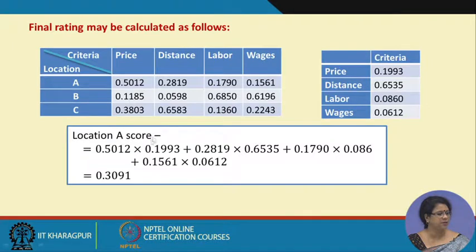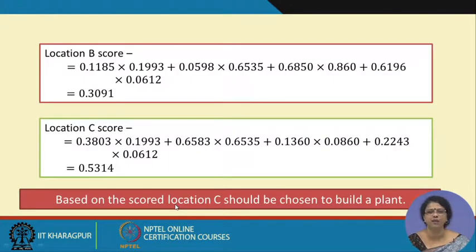If we do this, the location A score comes to 0.3091, we can declare. Now, we do the calculation for B and C. What we could see, the location C is dominating, but what about location A and B? Both are at the same level, no one is better than the other one, both are equally acceptable to us.